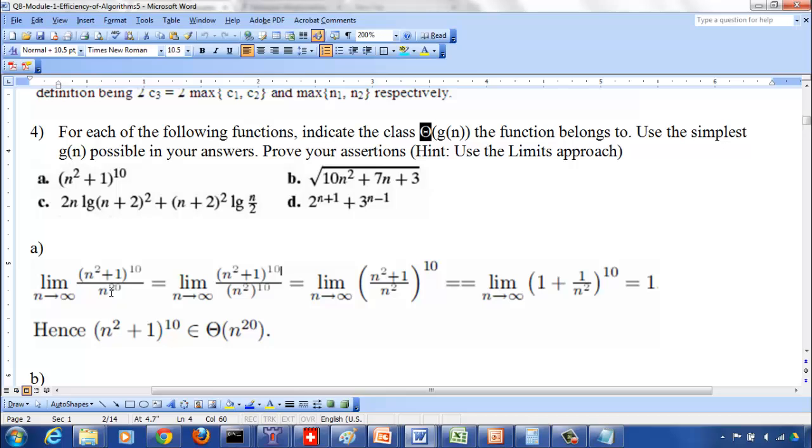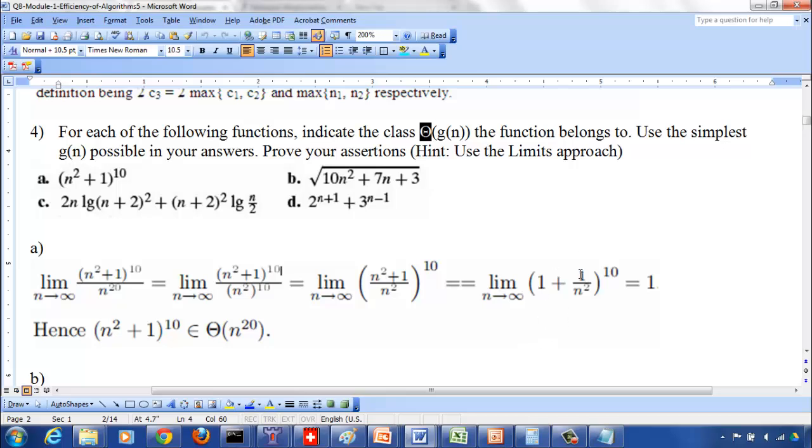And we need to verify the hypothesis using the limits approach now. So we'll take limit n tends to infinity of n square plus 1 raised to 10 divided by n raised to 20. So I can write my n raised to 20 as n square raised to 10. That's what I did here, and I can say this is n square plus 1 divided by n square, right? The whole thing raised to 10. So this is 1 plus 1 over n square, the whole thing raised to 10.